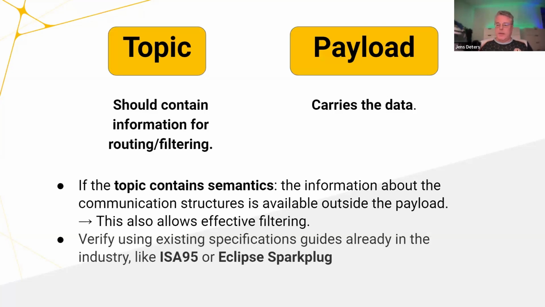But to be honest, Eclipse Sparkplug is not the best approach to implement a unified namespace for the whole enterprise. It can be part of the UNS, but the UNS is more than device management and focusing on the shop floor and the automation.